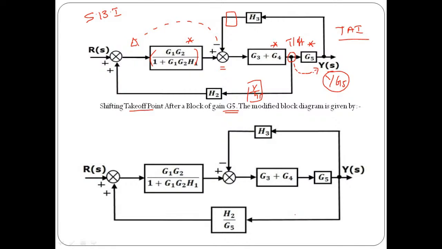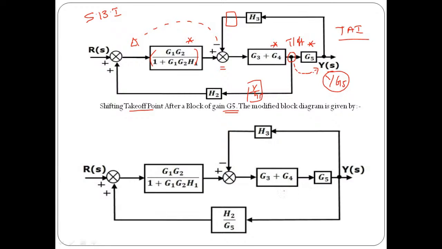I hope this point is clear to everyone. Please note down and understand these steps very carefully because it is very important. So once you have done with this, now what do we need to do? Again, apply the same logic. Is it possible to have a series combination of blocks, or parallel combination of blocks, or elimination of feedback loop?